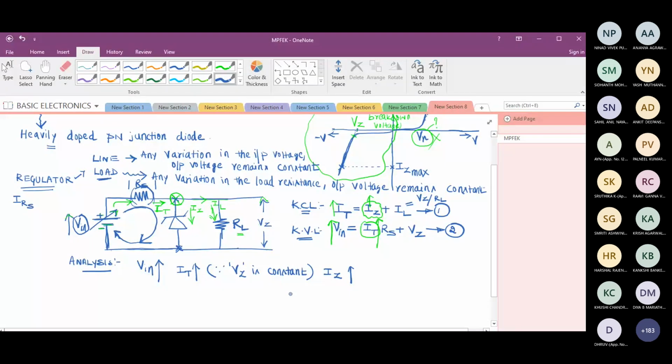Since IL equal to VZ by RL is constant, I need not give an explanation that VZ is constant and RL is fixed. That's why IL is constant. This is understood, correct?